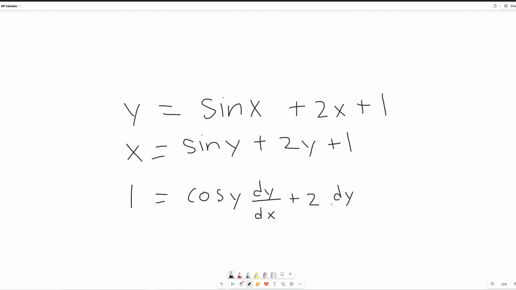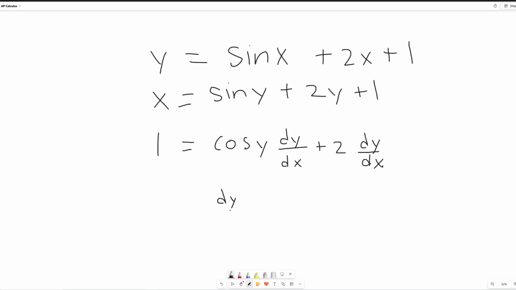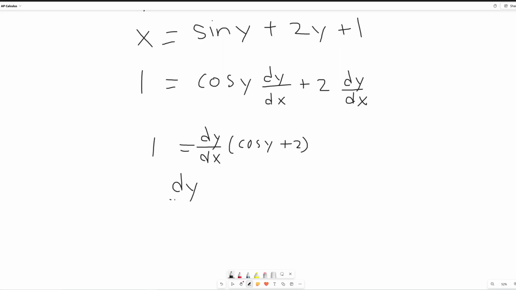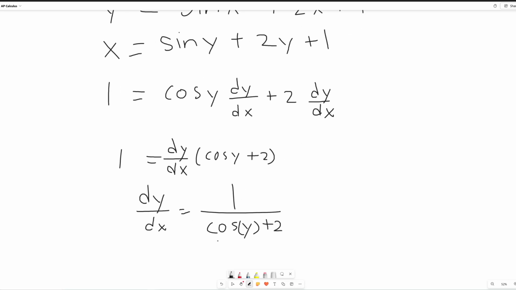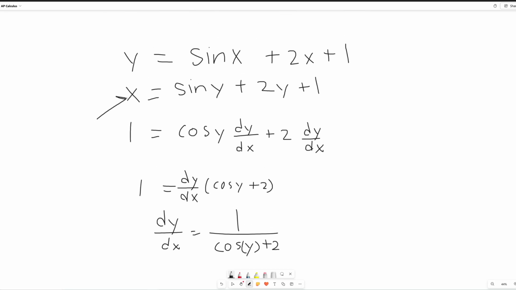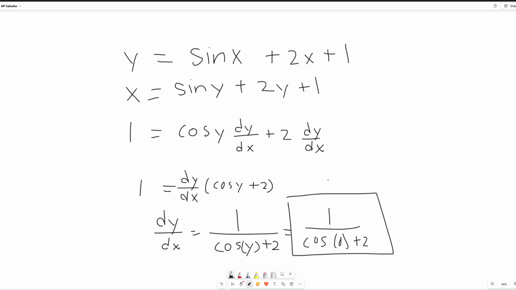Plus 2 dy over dx. dy over dx times cosine y plus 2 is equal to 1. So then dy over dx equals 1 over cosine y plus 2. Okay. Still need to know what y is, but like we said before, when you plug the 1 into your x, y will be equal to 0. That is the solution to that. So then you get 1 over cosine 0 plus 2. And that is essentially what we figured out before.